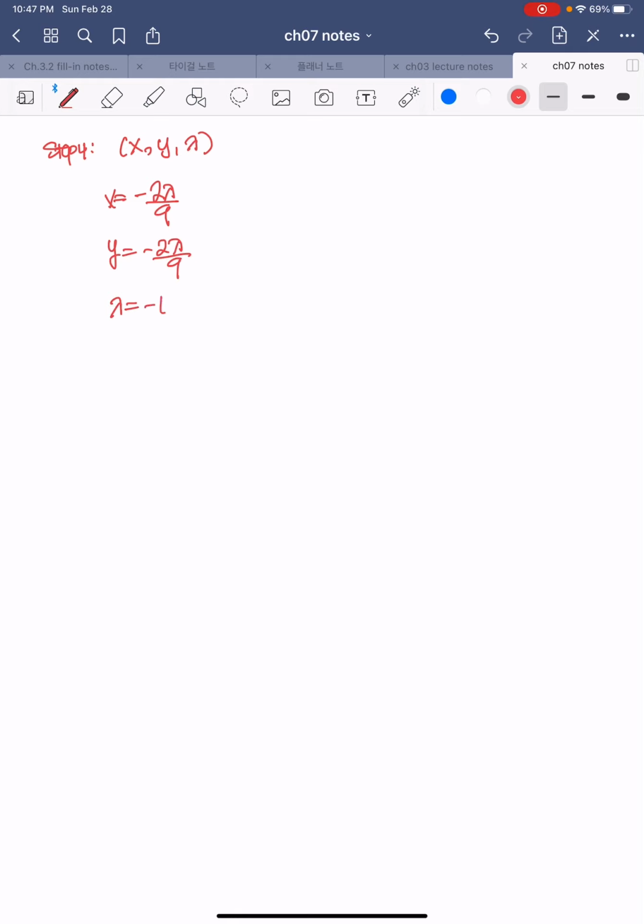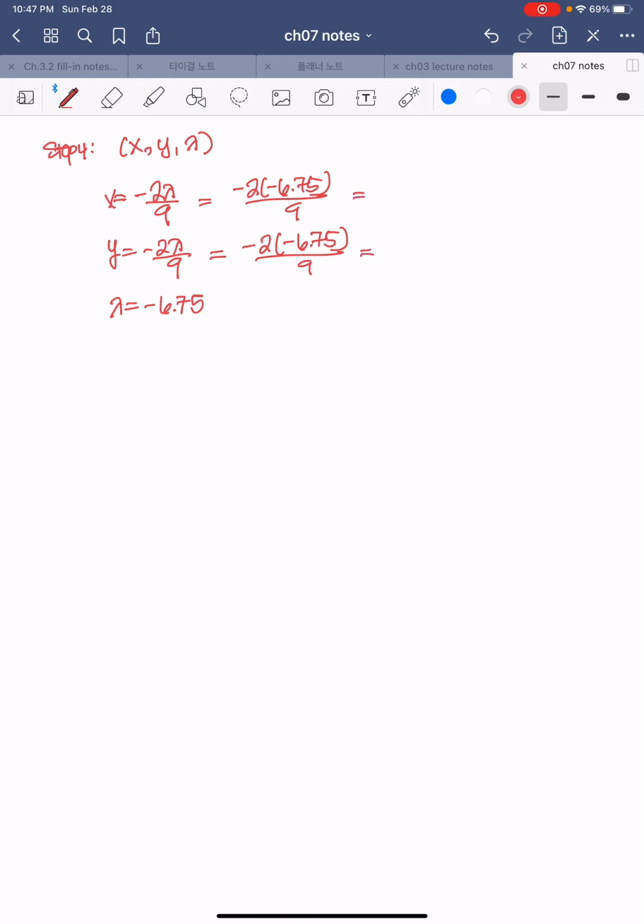Lambda was negative 6.75. So my x value will be negative 2 times negative 6.75 over 9. My y value will be negative 2 times negative 6.75 over 9. Lambda is just negative 6.75.